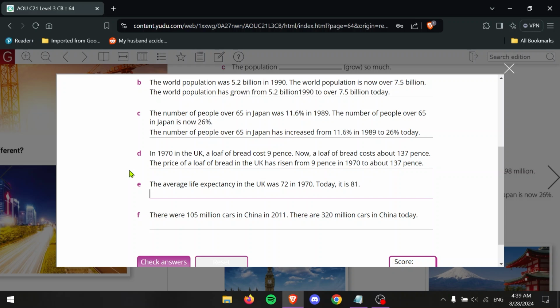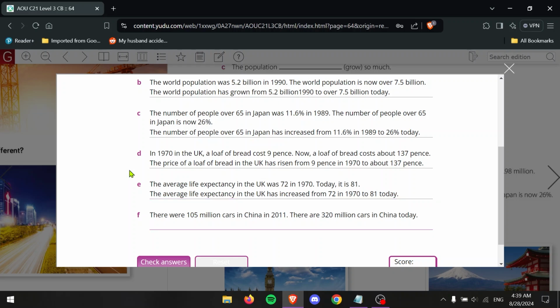E, the average life expectancy in the UK was 72 in 1970. Today it is 81. That's really cool, actually. Let's say the average life expectancy in the UK has increased from 72 in 1970 to 81 today.